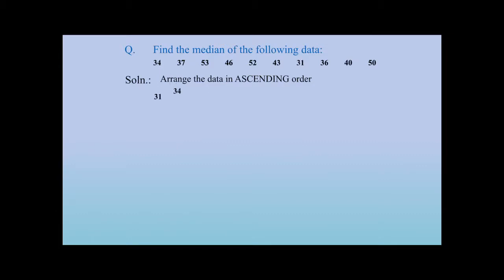So 31, then 34, then 36, 37, 40, 43, 46, 50, 52, and the last number is 53. Now if we count this data, we have n equals to 10, which is an even number.